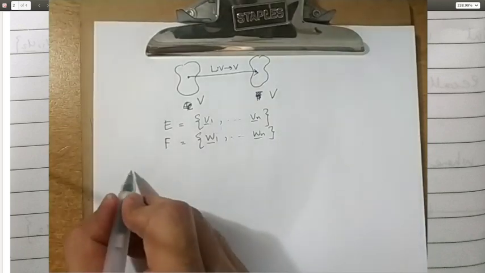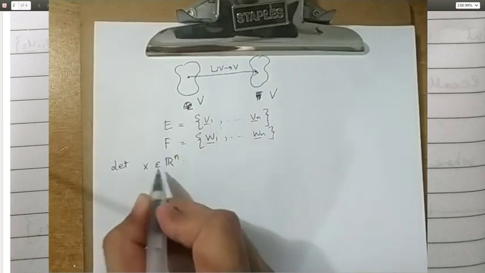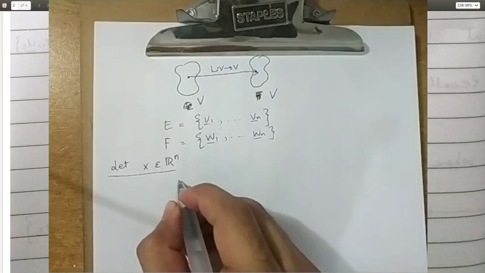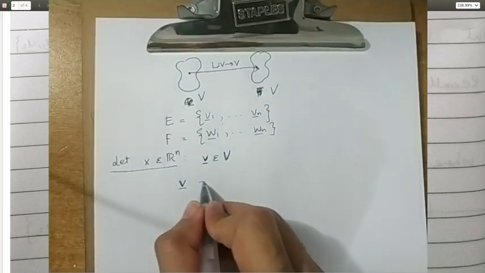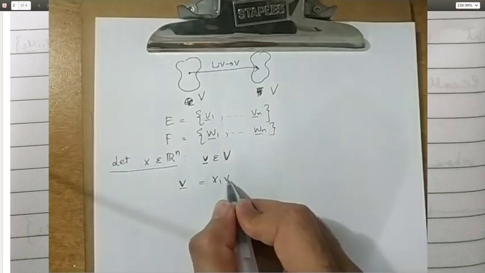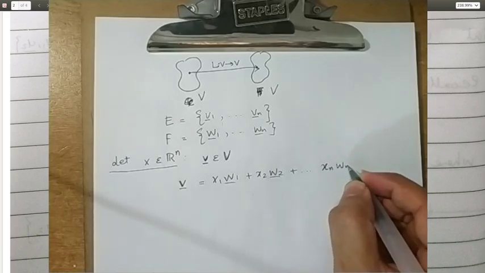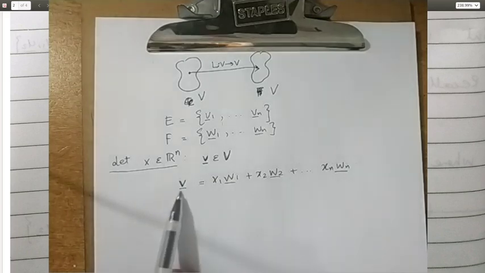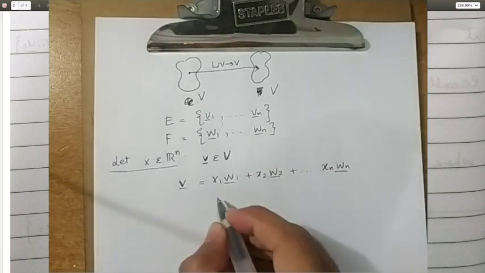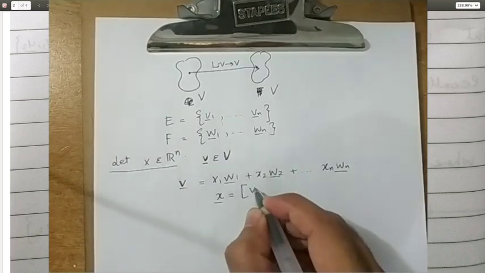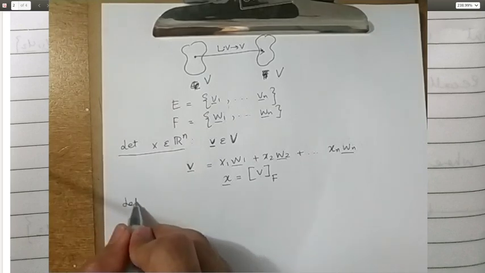Let's suppose we take this vector. Let X be a vector in Rn such that I can write a vector V, small v, which belongs to this vector space, and I write V as x1 W1 plus x2 W2 plus xn Wn, which is basically the representation of any vector in V space in terms of the basis F. So what we're essentially saying is X is the coordinates of V with respect to F. So define the following.